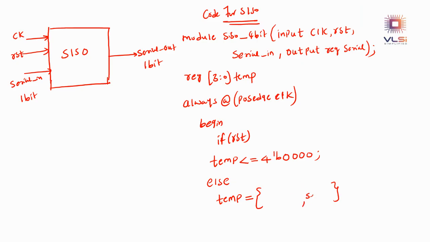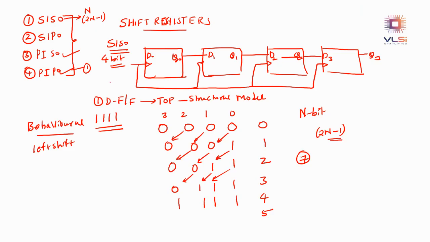If you see in the previous operation, every time the bits are shifted, and they come to the next bit, that means bits 2 down to 0 are shifting and moving to the next bit. Anyway, this bit is the serial input bit.